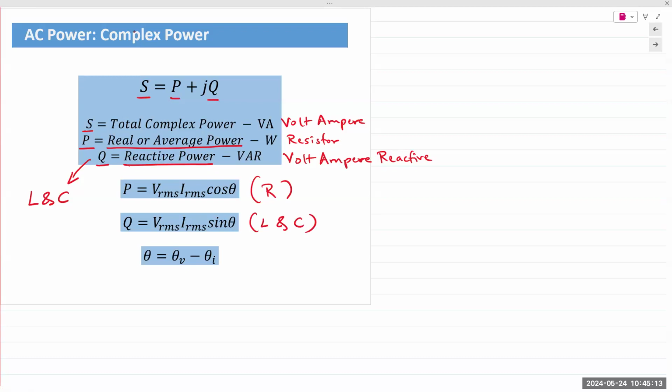Theta is the power angle. It is also the difference between the angles for the voltage and the current, theta V minus theta I. It is also the same as the impedance angle.